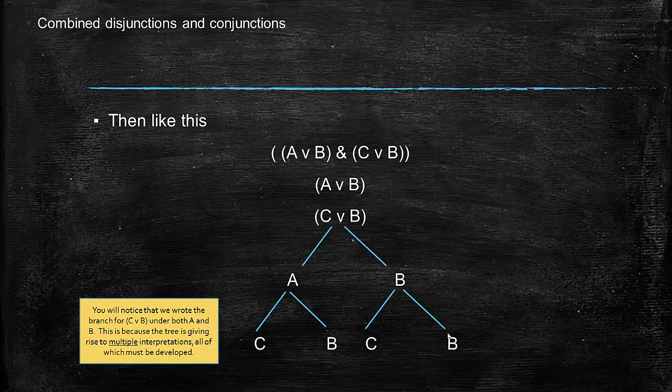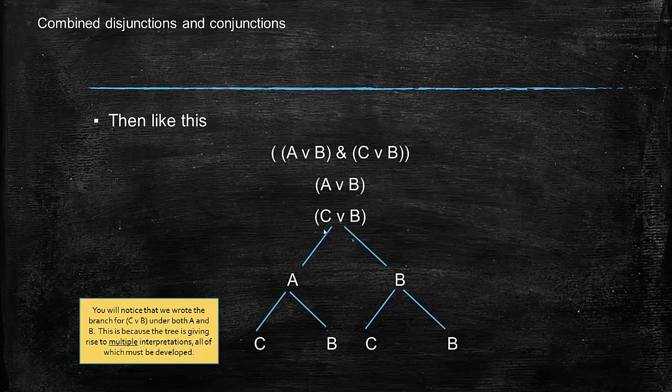Why is that? It's because this tree is now giving rise to multiple interpretations, and they all have to be developed. A basic rule, which we'll formalize and present in the next lecture, is that whenever you decompose a particular formula using the branching rules associated with it, you always write it under all the formulas that are under that formula.